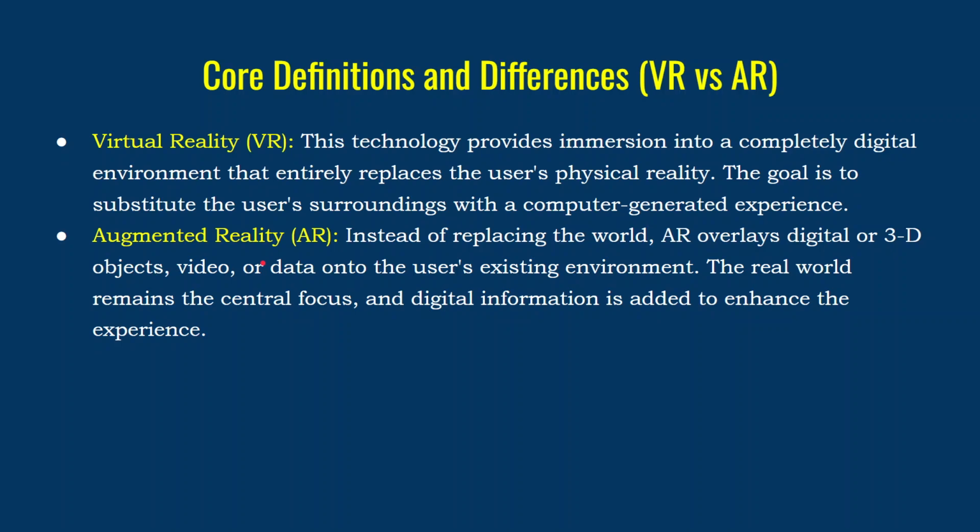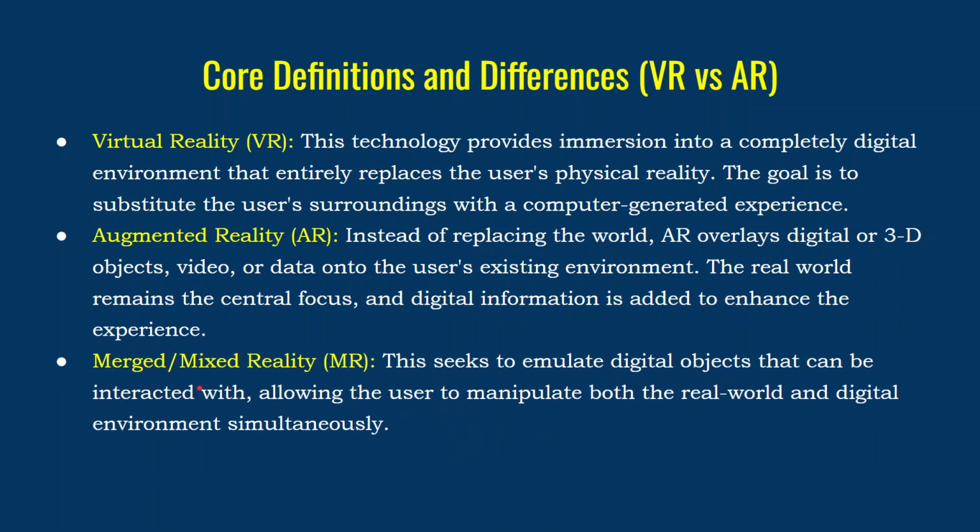So that is called augmented. Augmented means we are adding some component to the reality. Here the central focus is the real world, but we are adding some objects or videos or any data to explore the digital world.